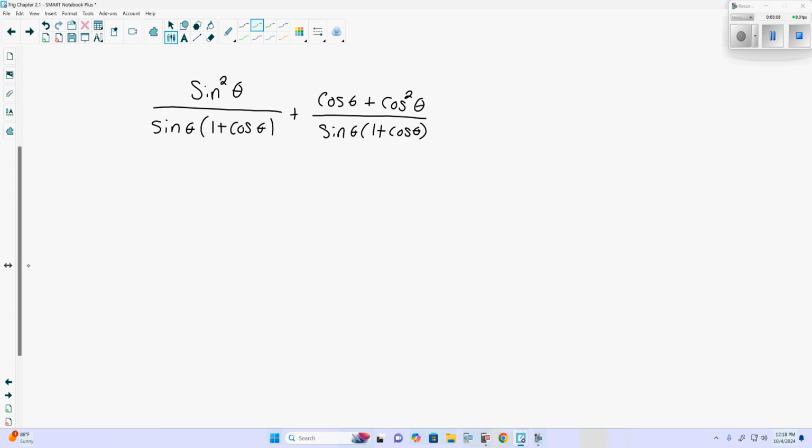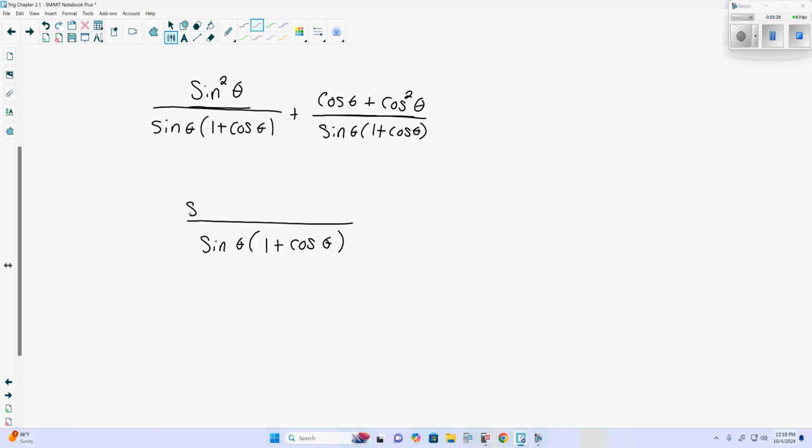Questions on how we got to this point here? The denominators are the same, so we can add the numerators. Do we have any like terms between our two numerators?